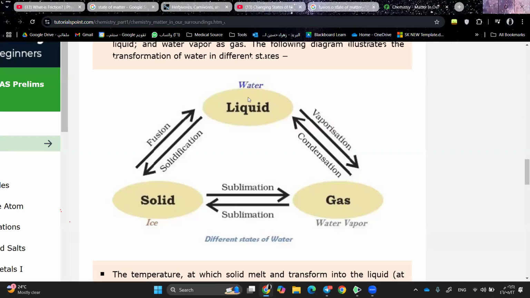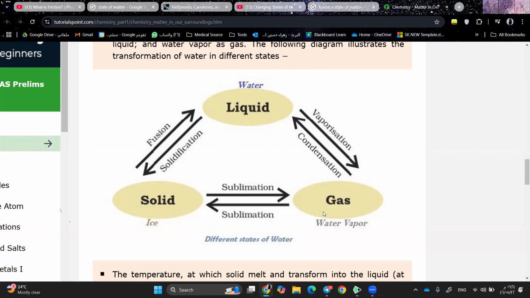When we put water in the freezer and we want it to be ice, the process is called solidification. When you have solid and want it to become a gas, the process is called sublimation.